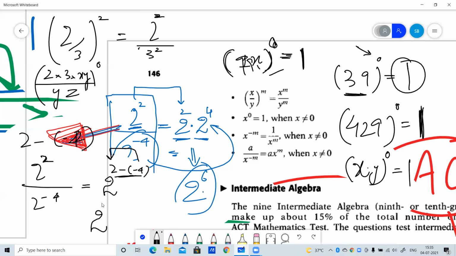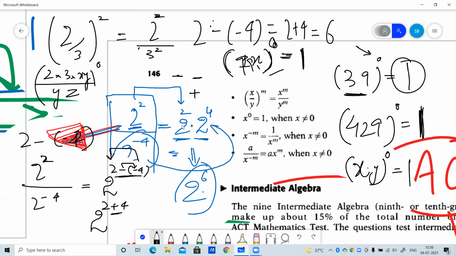Whenever you're having negative in front of negative, it will always be positive. 2 minus negative 4 will always be 2 plus 4. It'll be 6, not negative 6. Whenever negative is in front of negative, it will always, always, always be positive.